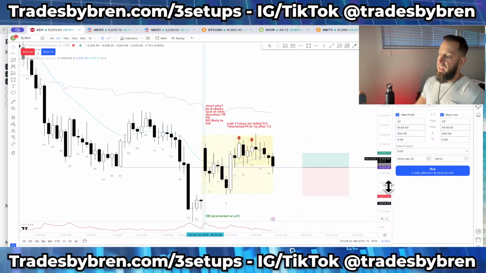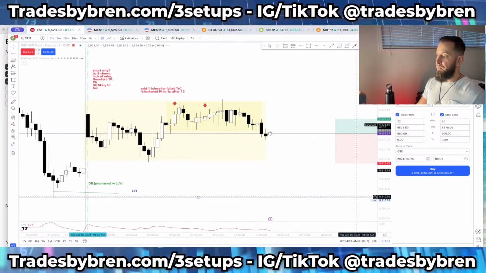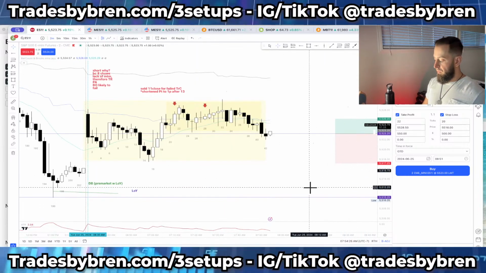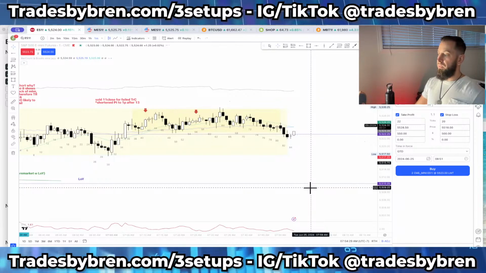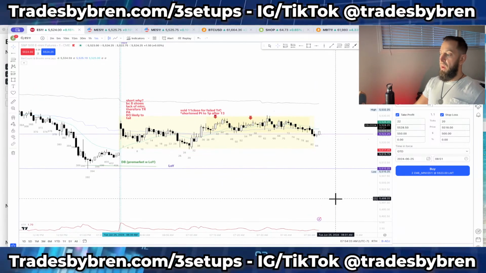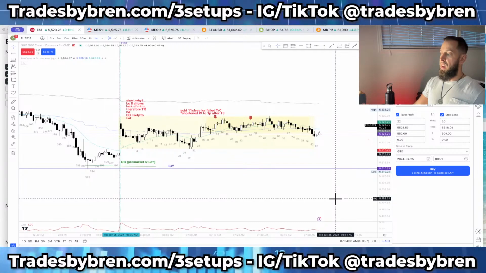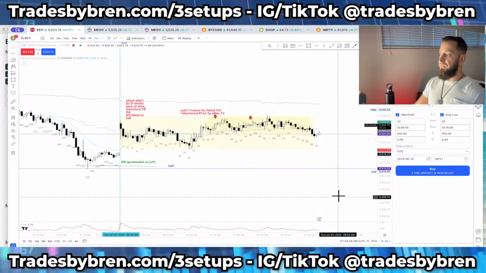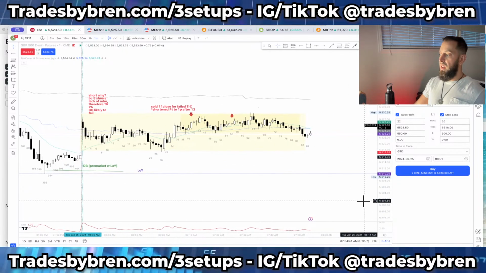So if you're going to buy, that's what you want to see. You want to see rejection. Let's see if the bulls get a close here on the 1 minute. 20 seconds on the 1 minute candle.